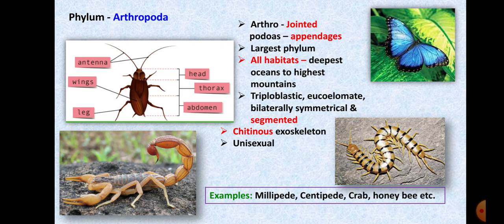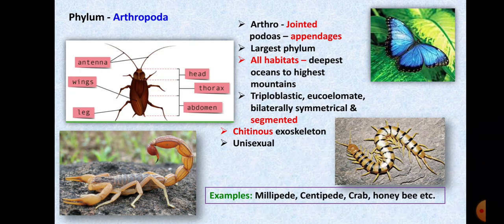Now this phylum Arthropoda is the largest phylum of all the phylums that we are going to study. Largest phylum means you will find species in every habitat. Till now what we studied, you found that some phylum species were found in water, some were only on land, right?